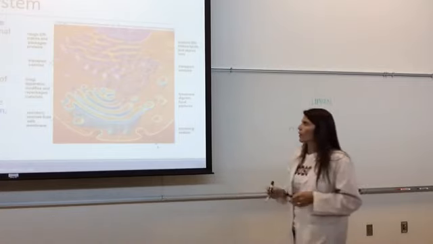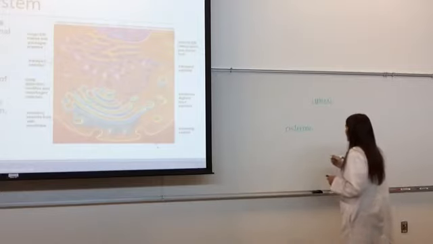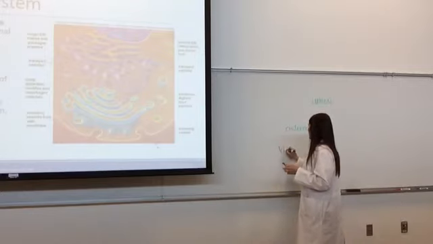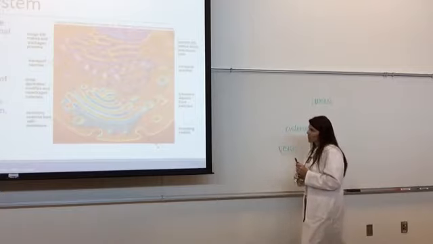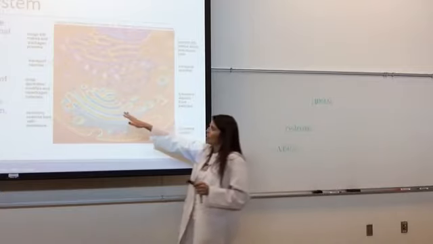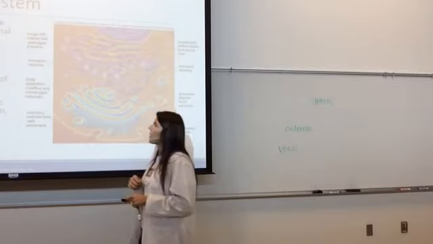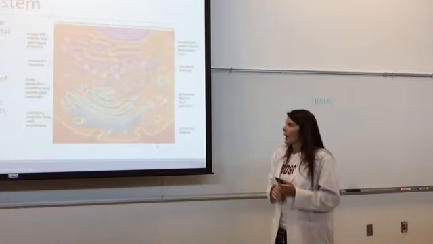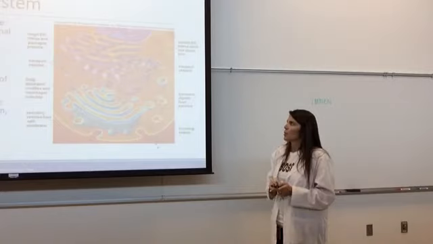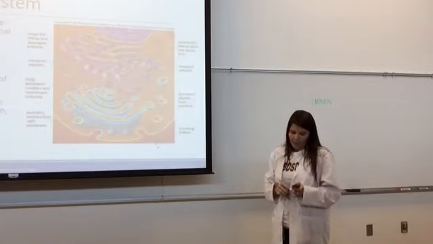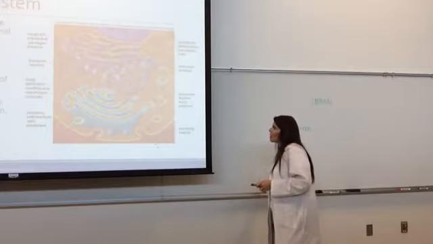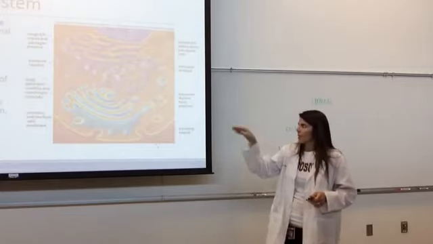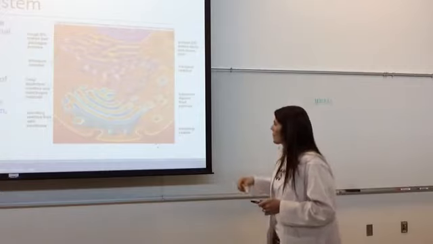The third and final term that I want to bring up is vesicle. It is defined on this slide, the only one that is defined on this slide. It mentions here that it is a small membrane-bound sac that transports substances between the parts of a system.